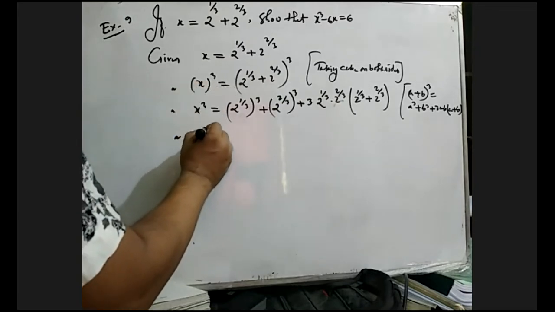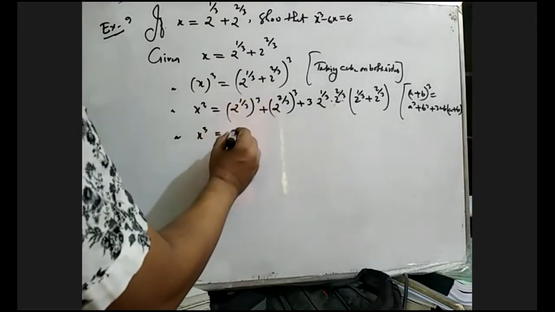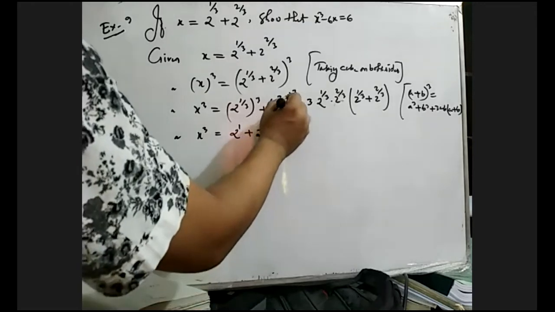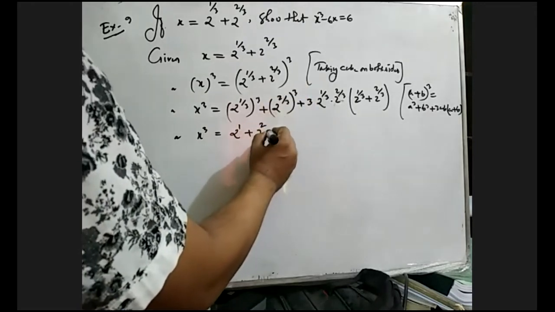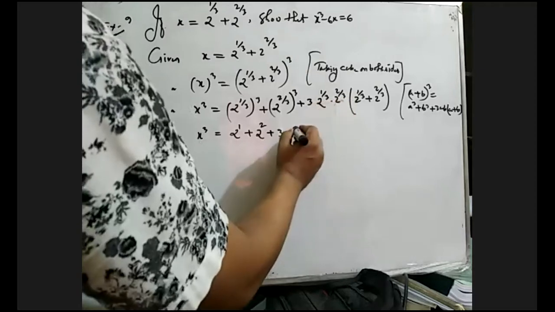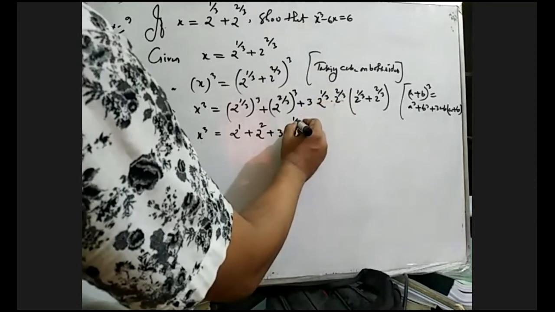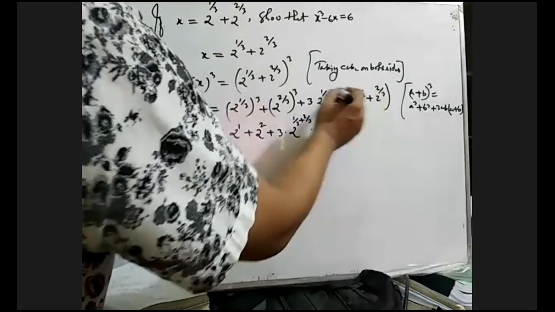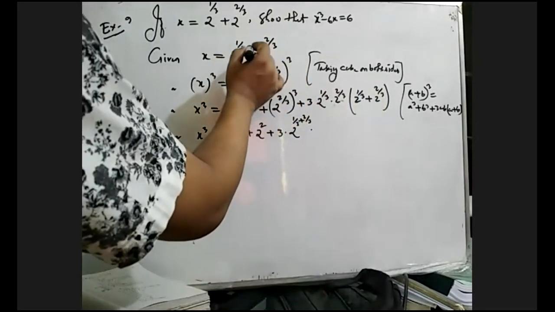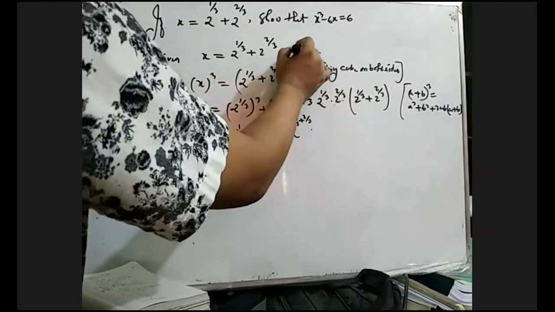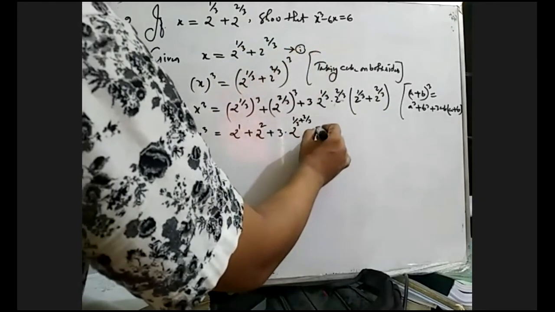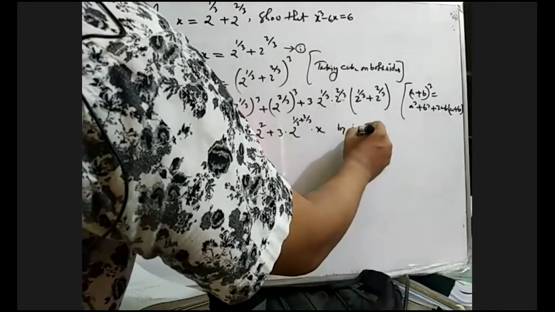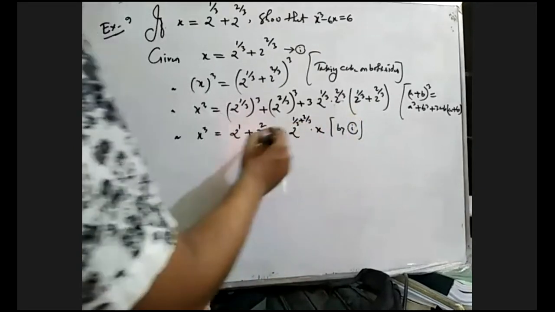Or x cube equals, base same so powers will be added, so 2 to the power 1 by 3 plus 2 to the power 2 by 3 equals what? This is equation number 1, so by equation 1 we get x.